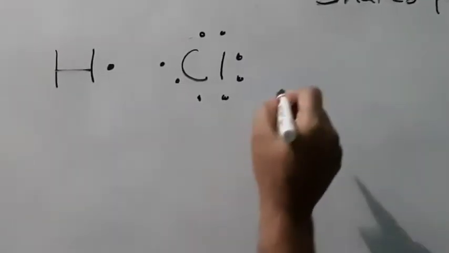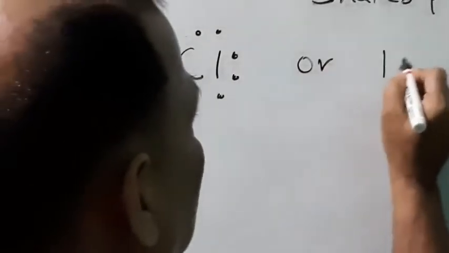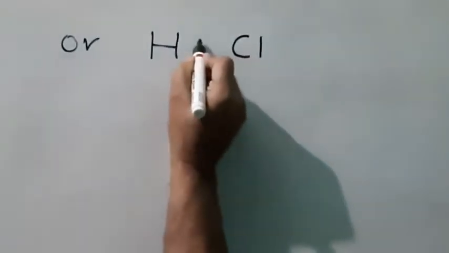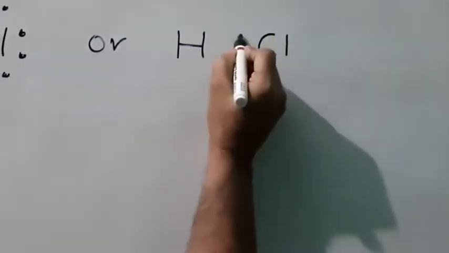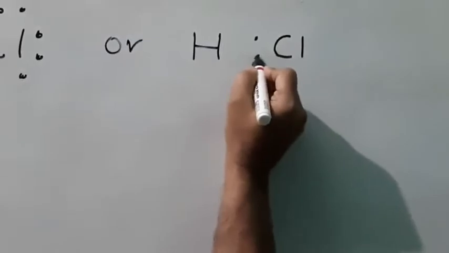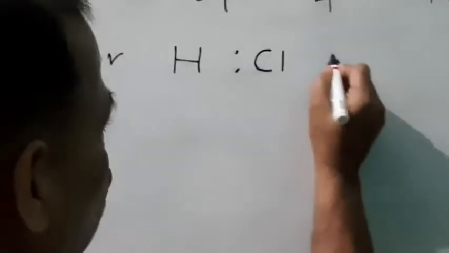Now the sharing takes place between hydrogen and chlorine of one pair of electron. As a result, this shared pair electron is supposed to be at equidistant, but it shifts towards the chlorine. This can also be represented by an arrow.